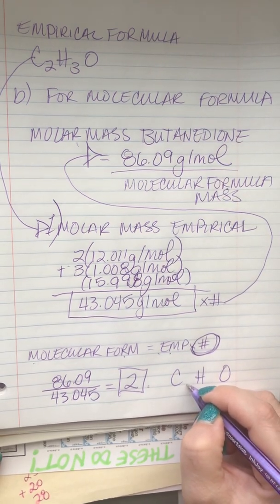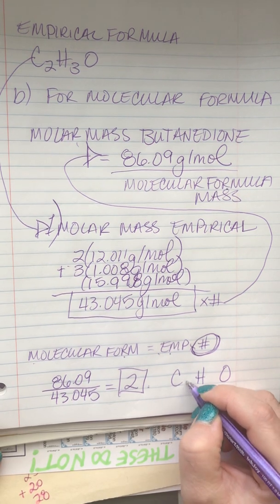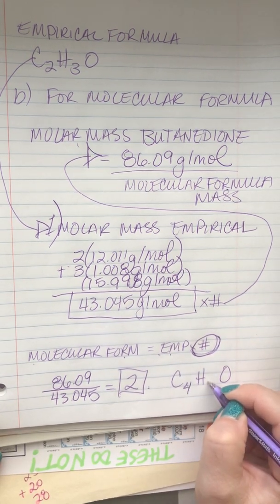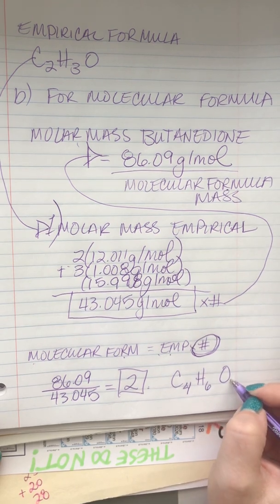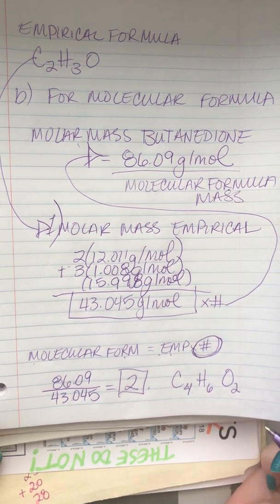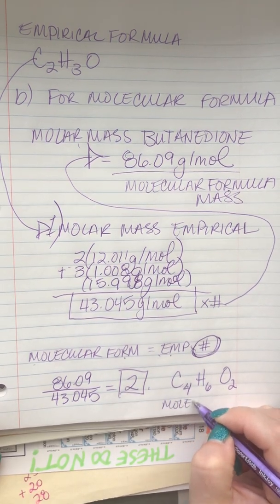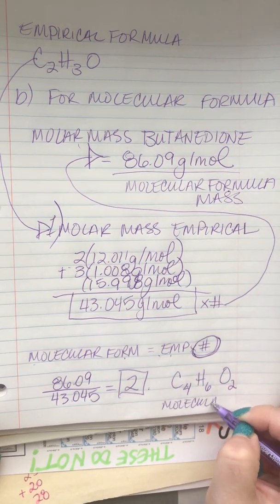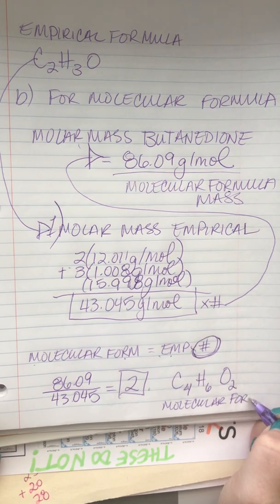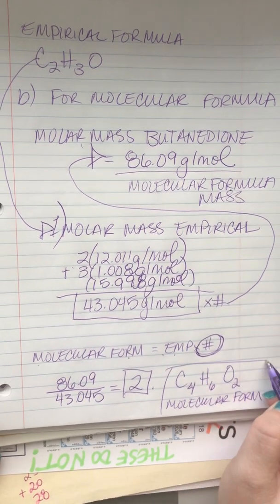So what coefficient is going to go next to carbon? 4, exactly. 4, 6, 2, and 2. So this is the molecular formula.